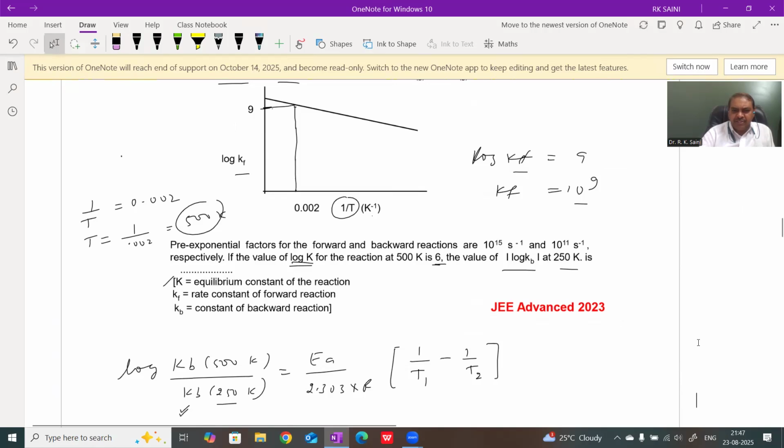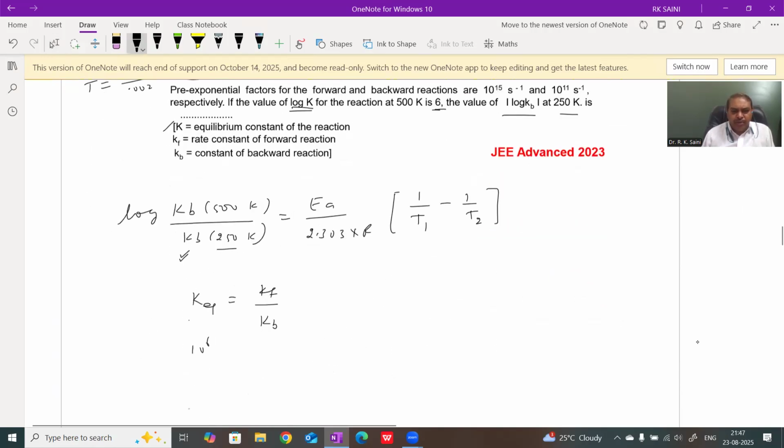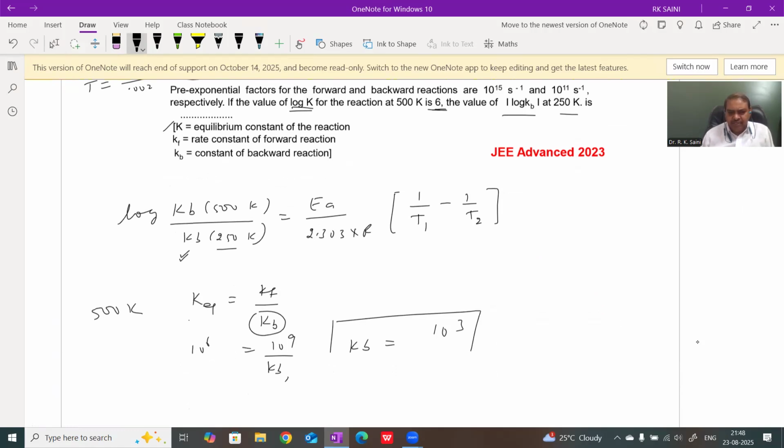With the help of these equations, equilibrium constant K is 10 to the power 6 and Kf is 10 to the power 9 from the graph. Therefore, Kb is 10 to the power 3. First, we found Kb at 500 Kelvin, and it is 10 to the power 3.